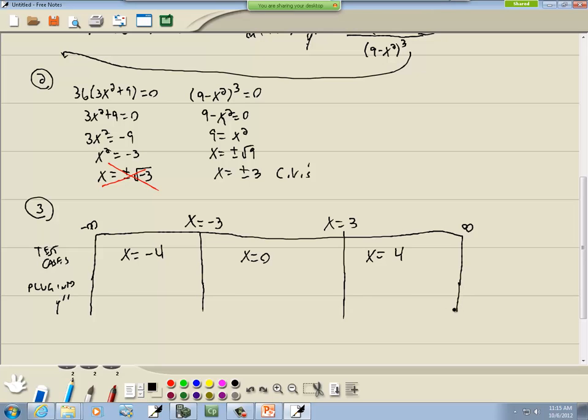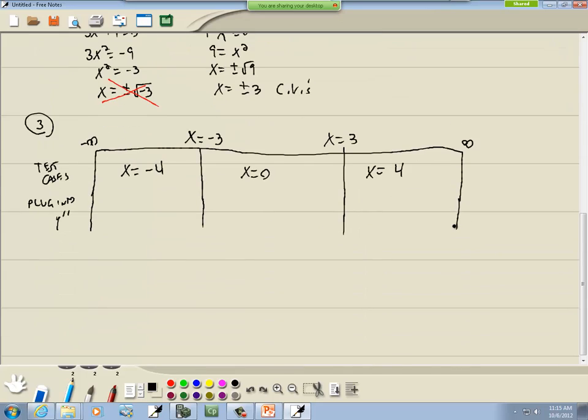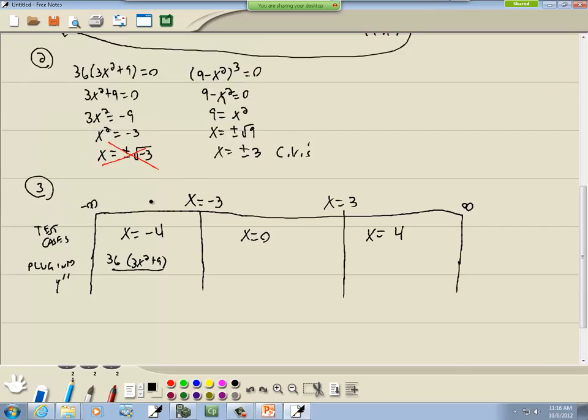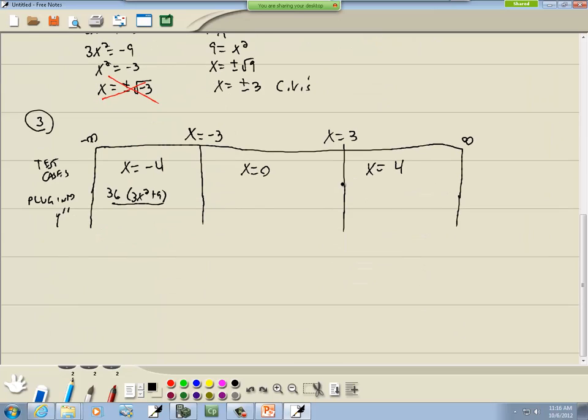All we care about is the sign. So our second derivative was 36(3x squared plus 9) over (9 minus x squared) to the third power.